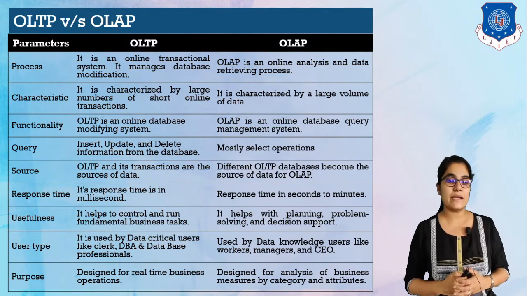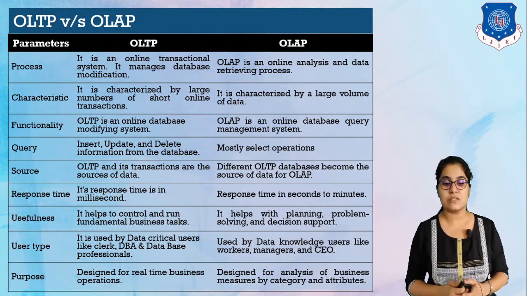OLTP is used by data critical users like clerks, DBAs and database professionals, whereas OLAP is used by data knowledge users like workers, managers and CEOs. OLTP is designed for real-time business operations, whereas an OLAP system is designed for analysis of business measured by category and attributes.